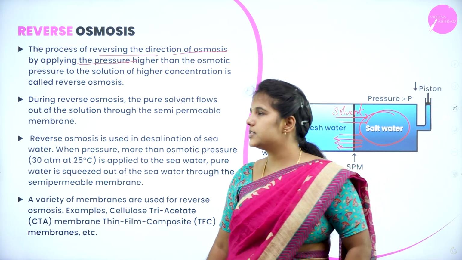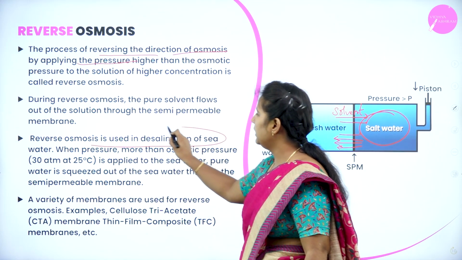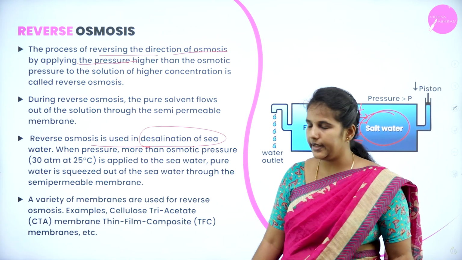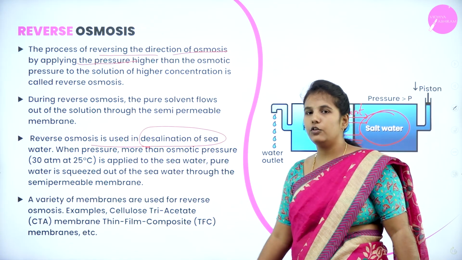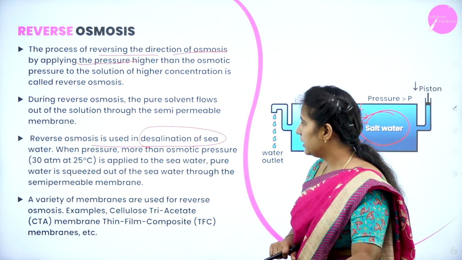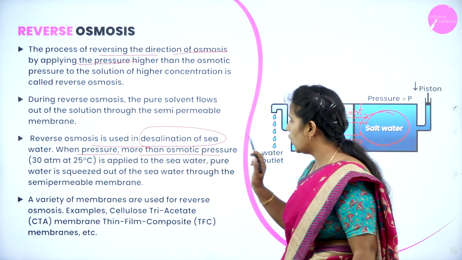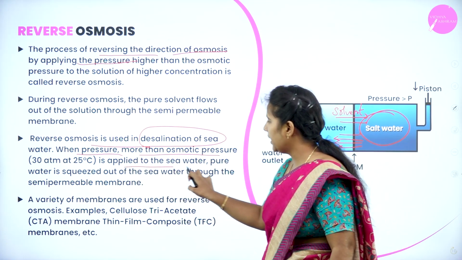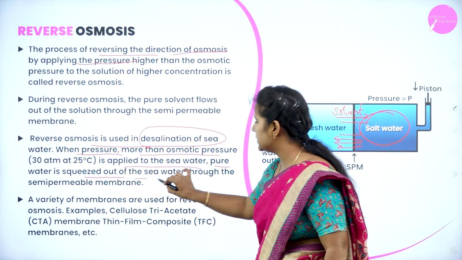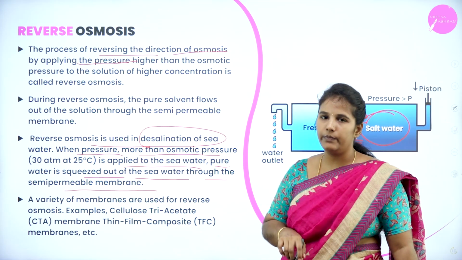Where will we use this reverse osmosis? Reverse osmosis is mainly used in the desalination of water. During the desalination of seawater, we use reverse osmosis. Remember, during this process, a pressure more than the osmotic pressure is applied to the seawater, and the pure water is squeezed out of the seawater through the semi-permeable membrane.